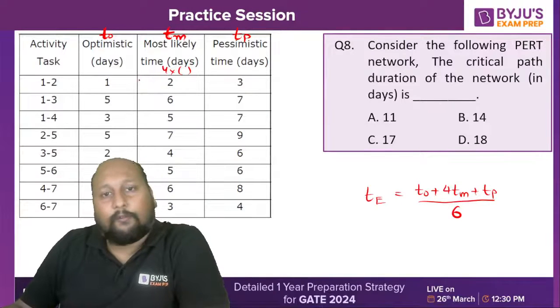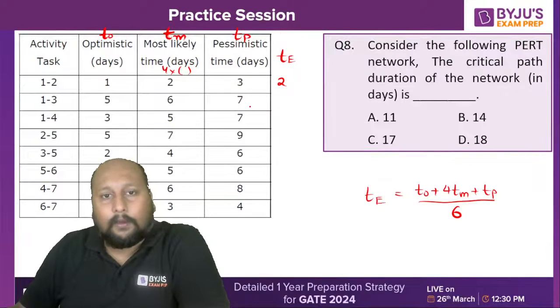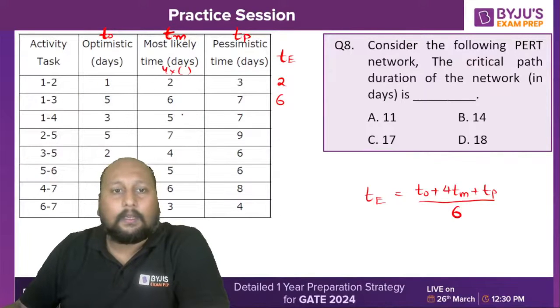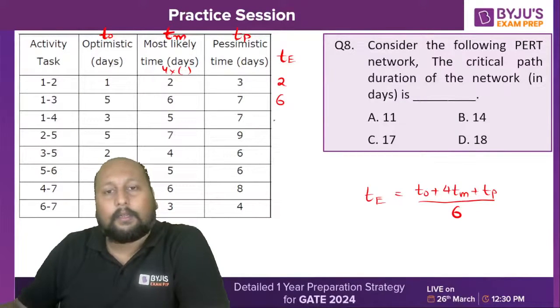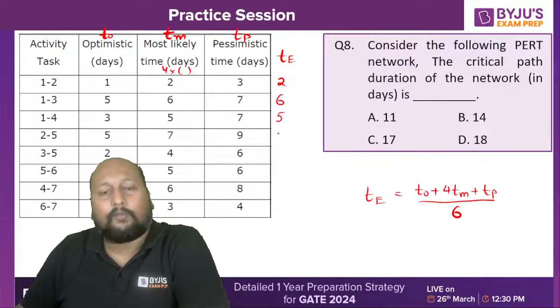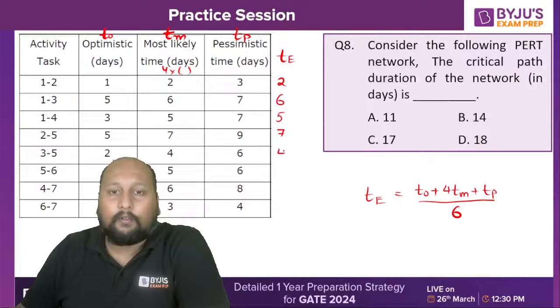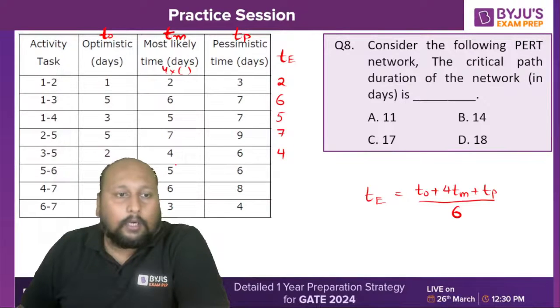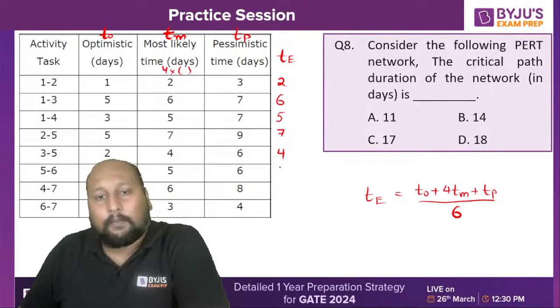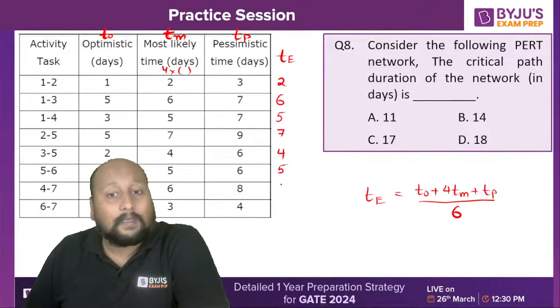So 8 plus 4, 12, divided by 6 is 2. 24 plus 12, 36 by 6 is 6. 20 plus 10, 30 divided by 6 is 5. 28 plus 14 is 42, 42 by 6 is 7. 16 plus 8, 24 by 6 is 4. 20 plus 10, 30 divided by 6 is 5. 24 plus 12, 36 divided by 6 is 6.